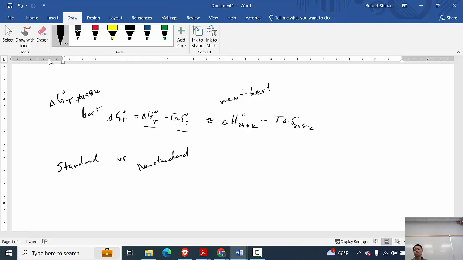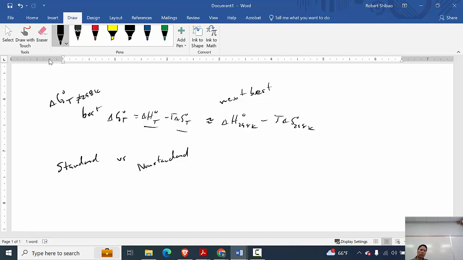Standard conditions means what? Pressure is 1 bar. Solutions are all 1 molar.